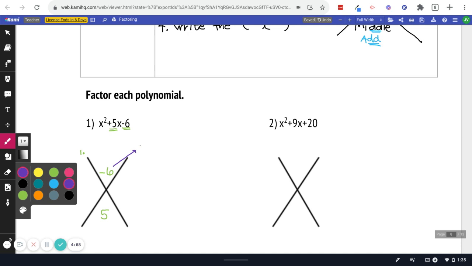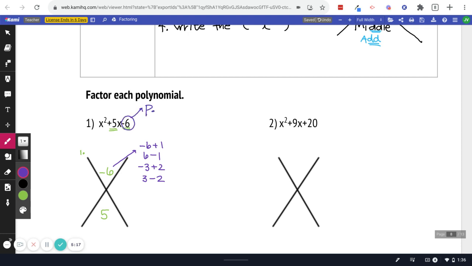So multiplies to make -6. Here's our choices. Negative 6 and positive 1, positive 6 and negative 1, negative 3 and positive 2, 3 and negative 2. Remember, I'm trying to get a negative 6, and for negatives, it takes a positive number times a negative number. And then our goal here is a positive 5 on the bottom.